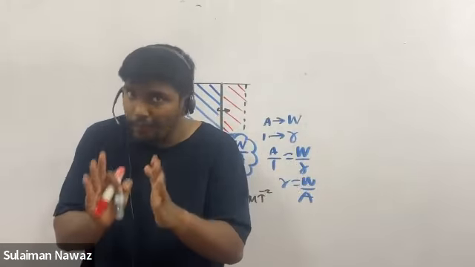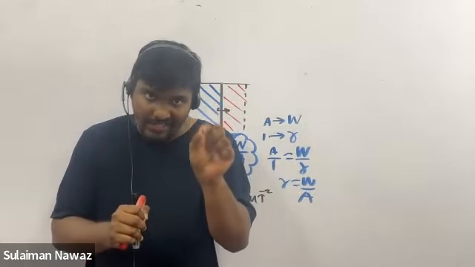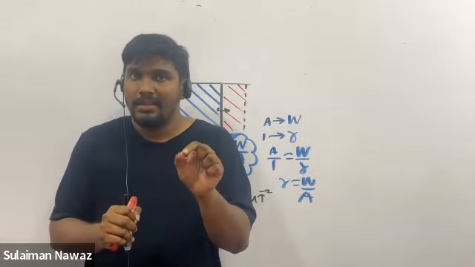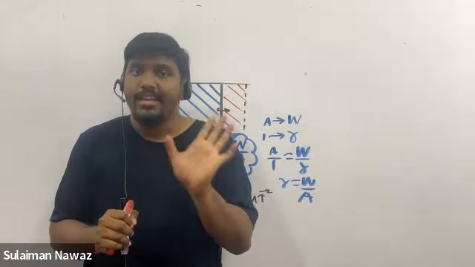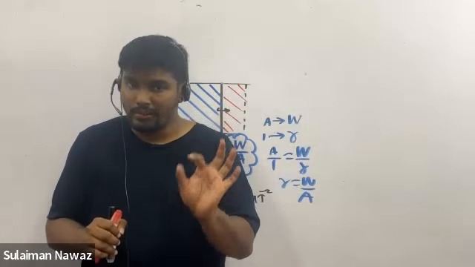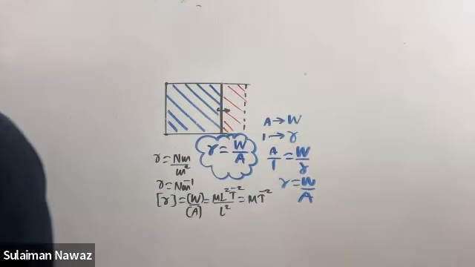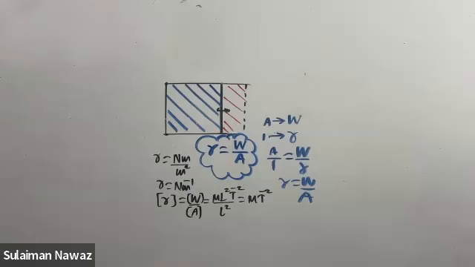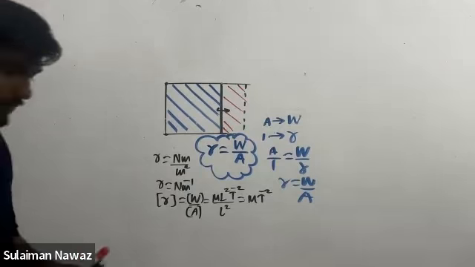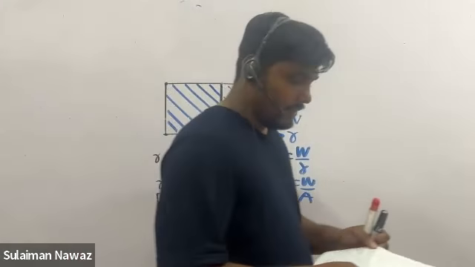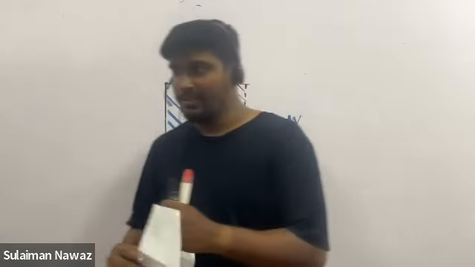Now we are going to prove that surface tension, capital T, and gamma are equal. The topic is proving that capital T equals gamma. After this, we can do some questions.